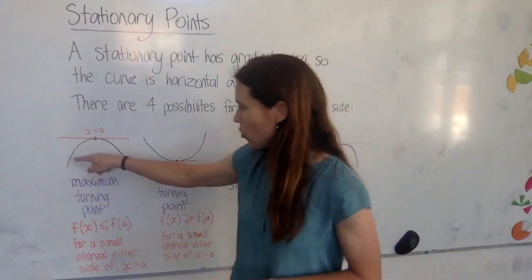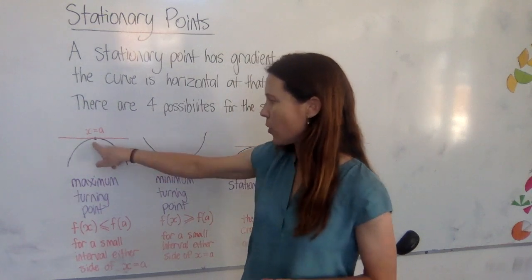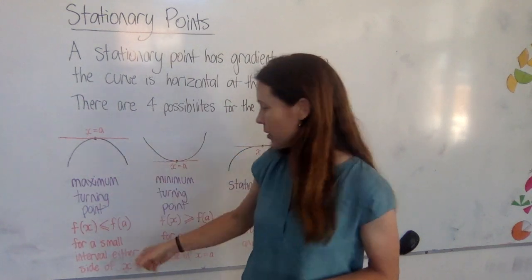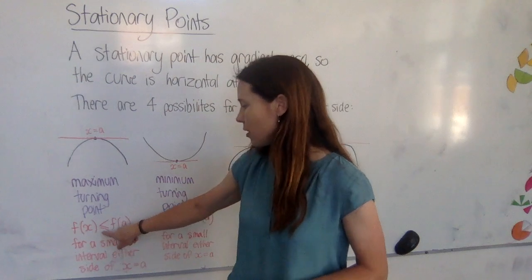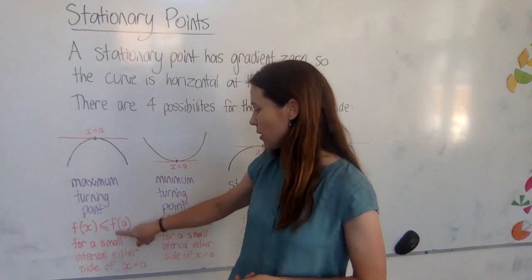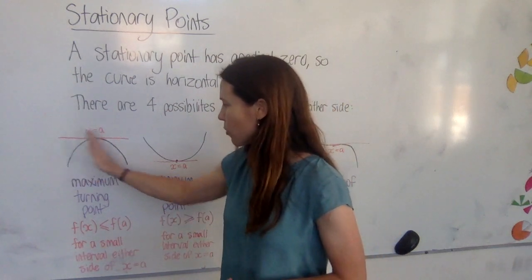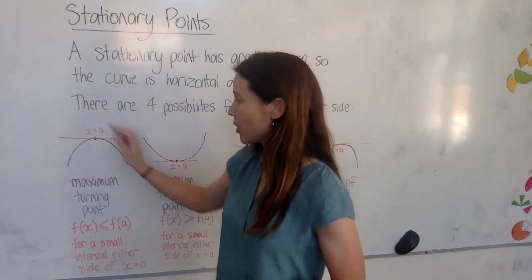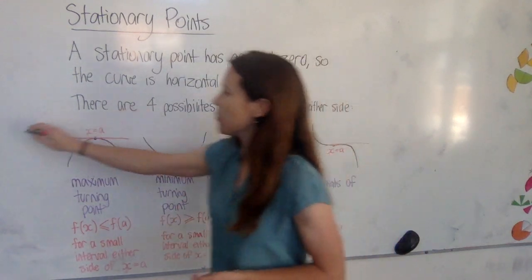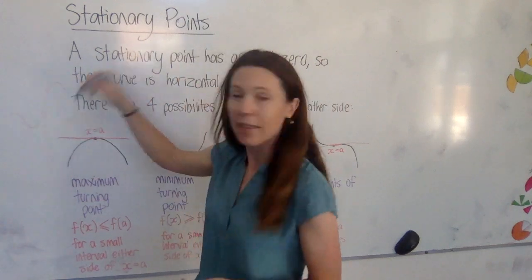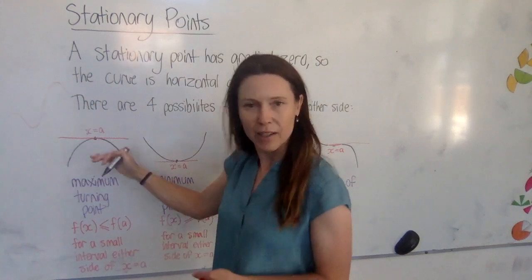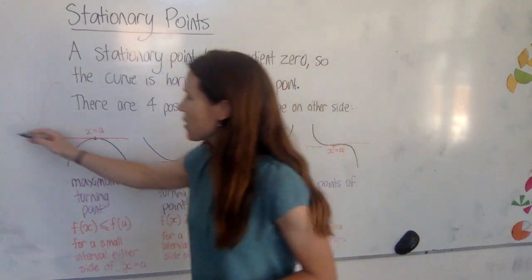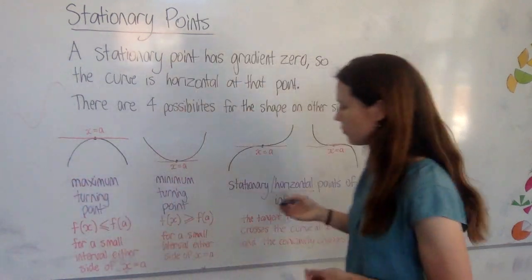So we'd say that all of the points on this curve here are lower than our high point. So f of x is lower or smaller than f of a for all of the points just in and around here. Now it's important we know that this is just locally, because this could be part of a curve that maybe has a high point but then goes up and has another high point later. So it might not be the highest point of the entire function, but it's a local high point.